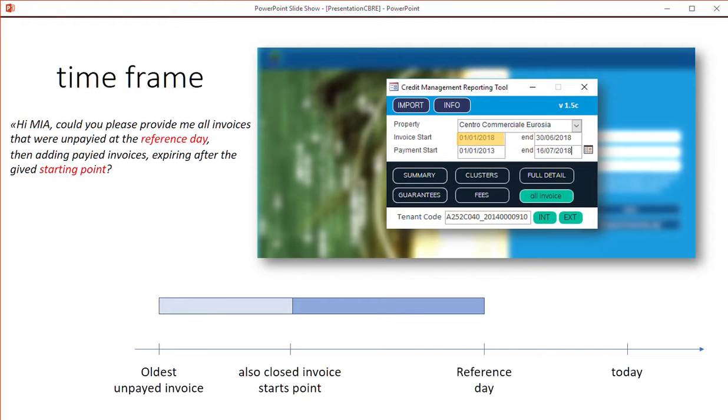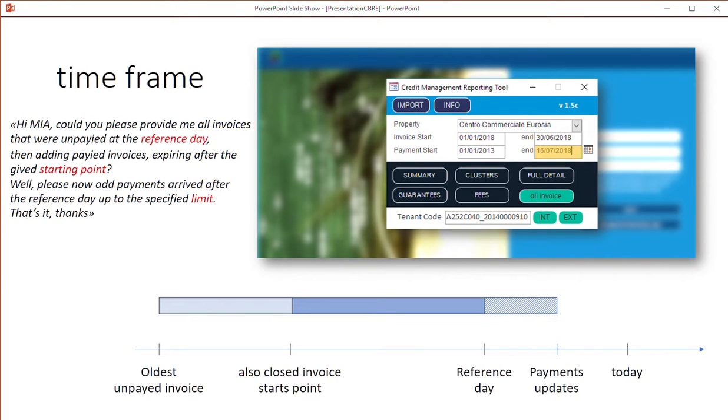Usually this date is the beginning of the year. We also had the opportunity to consider payments arrived and allocated after the reference day until a certain threshold payment update day. So this is basically the time frame.